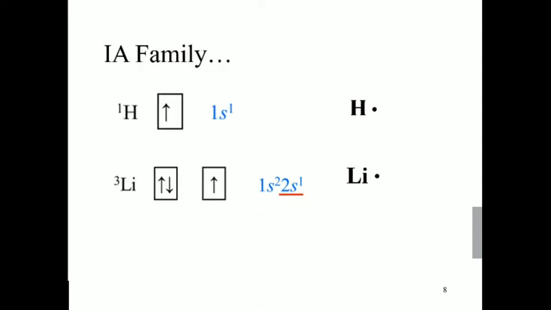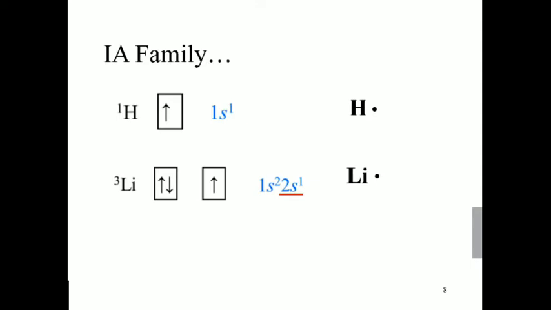To easily determine the number of dots or valence electrons using your periodic table, and draw the Lewis dot structure correctly, you may use the group number. For example, in the 1A family, wherein we have hydrogen, lithium, sodium, potassium, and a few others, they have the same valence electrons.